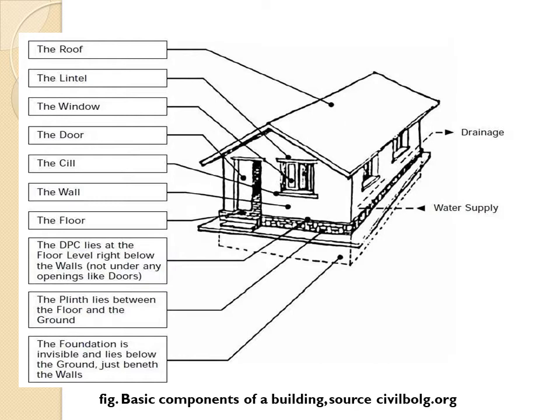The wall is also visible. The flooring is there. Then a damp proof course is there. Plinth is there and the foundation is shown with a dotted line as it lies below the ground level. Hence it is shown by the dotted line, as the foundation is not visible after the completion of the building.